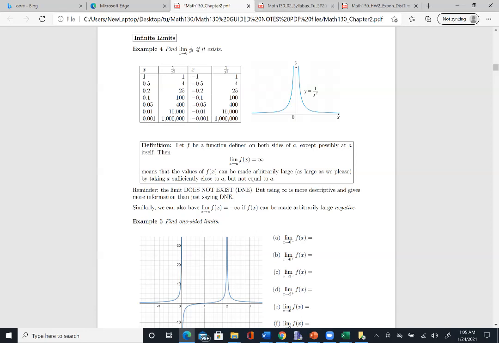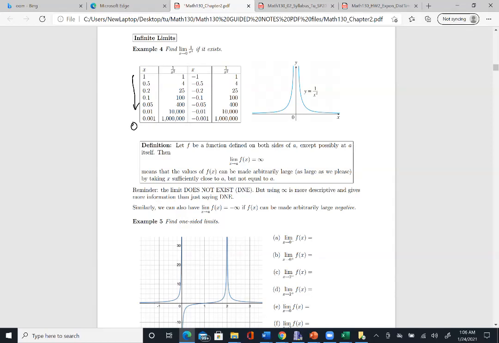So if you create a table for this function, 1 over x squared, you take a look at x going to 0 from the right hand side, right?